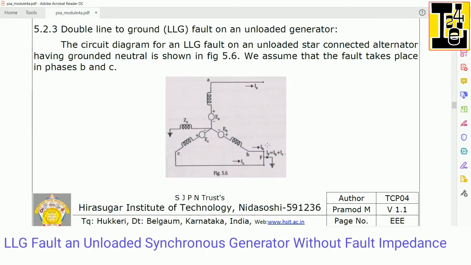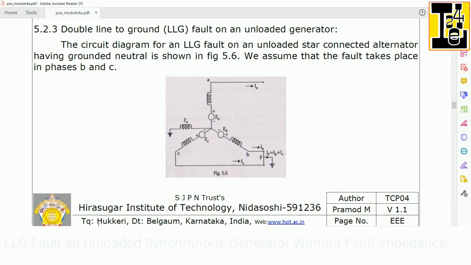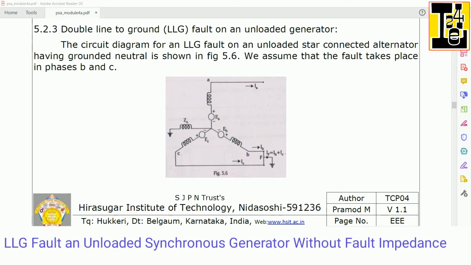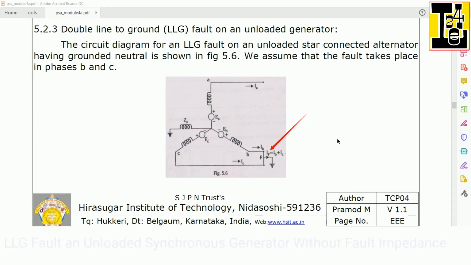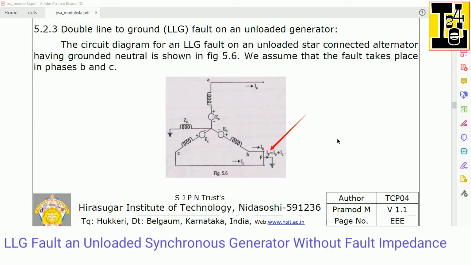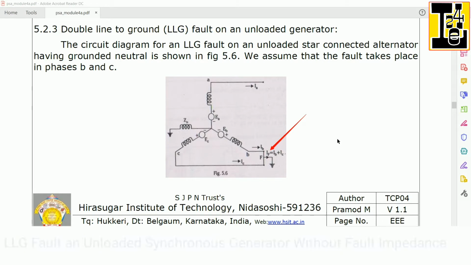You can observe here we have assumed that the fault is taking place between phase B and phase C. It means that both phase B and phase C are short circuited, and further they are shorted with the ground.